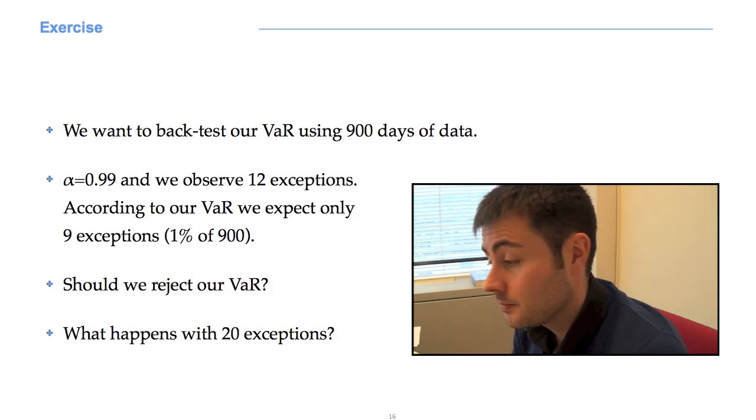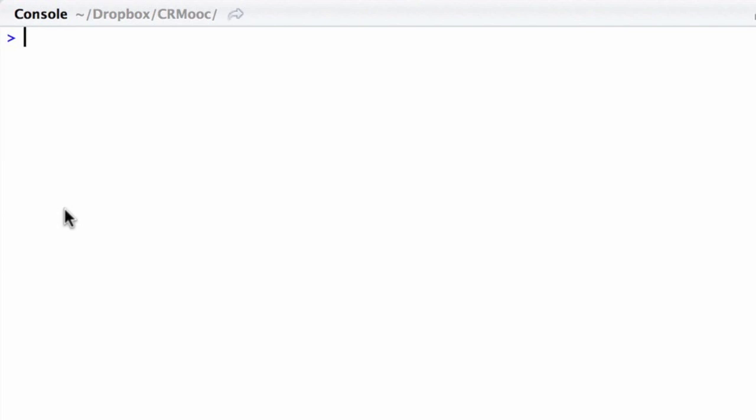So, let's go. In R, it is very easy to compute the probability we are interested in, simply by using the pbinom function.